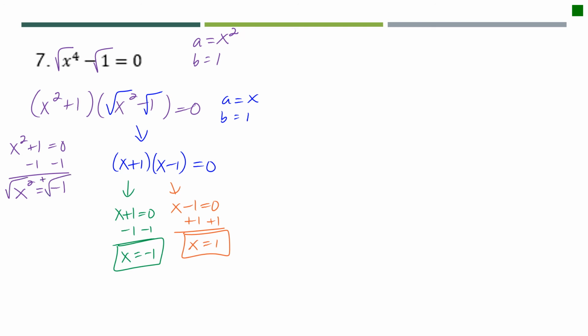Remember, you need to put the plus minus, otherwise you're not going to get both of the answers that you need. So this ends up being x equals, now the square root of -1 is just the letter I. There's no other number that stays under the radical. So this is going to turn into being plus or minus I. And that is it. So there are my 4 answers, which matches the original degree of my problem.